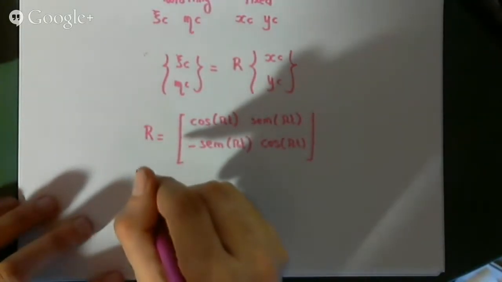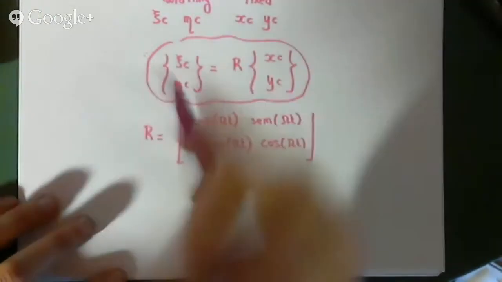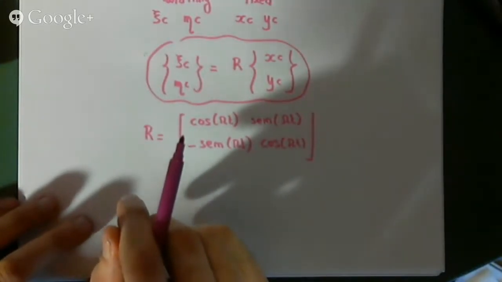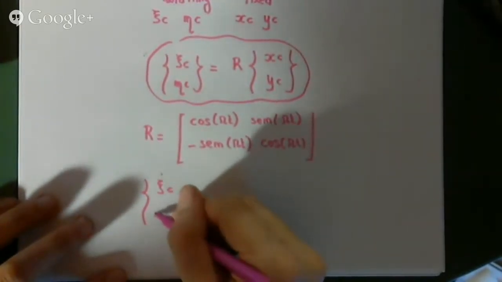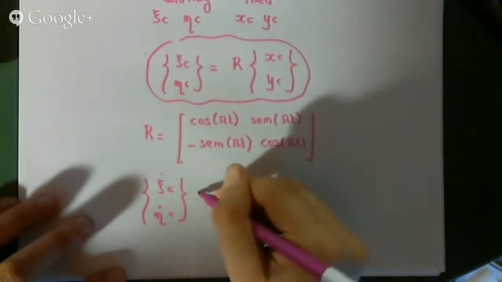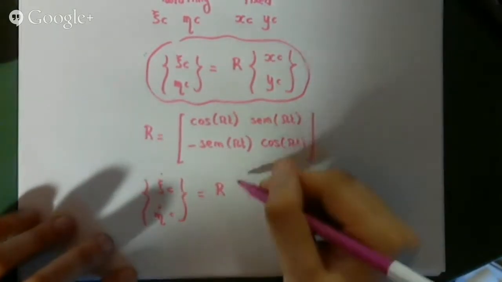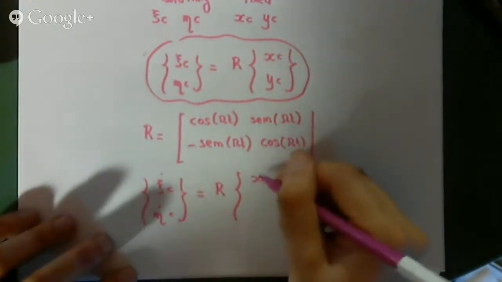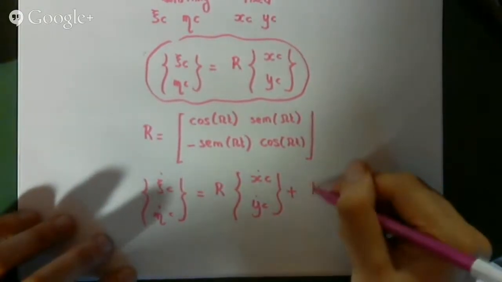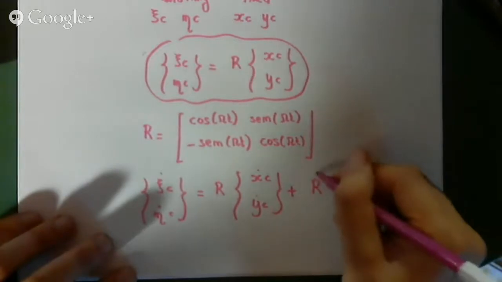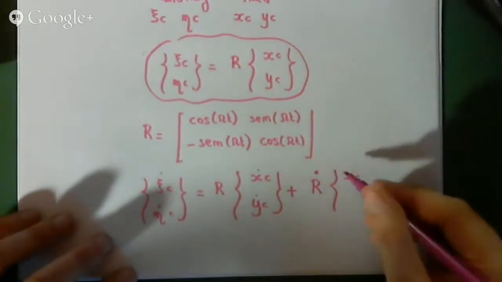By differentiating these equations, the velocity of the point C can be expressed as zeta point C, eta point C equal to the matrix R not derived, applied to x point C, y point C, plus the derivative of matrix R applied to the vector not derived.